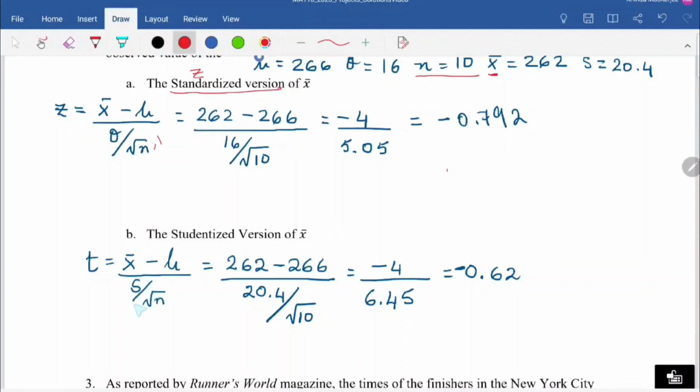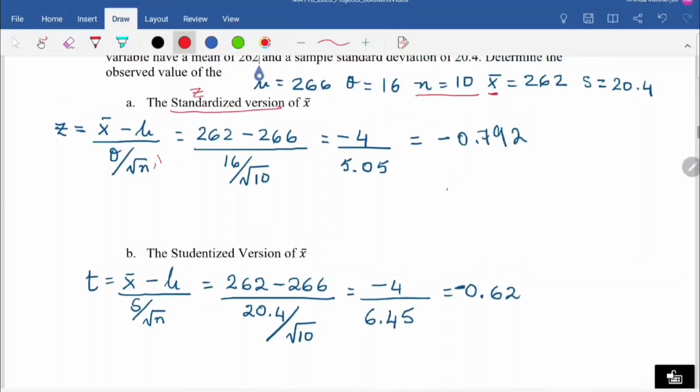So we have to use the sample standard deviation, which is 20.4. So again, 262 minus 266 divided by 20.4 over square root of 10, which gives us a T value of negative 0.62. All right, so that's how you are going to answer this question.